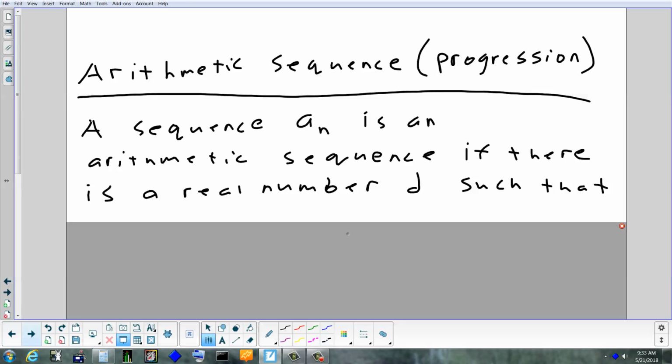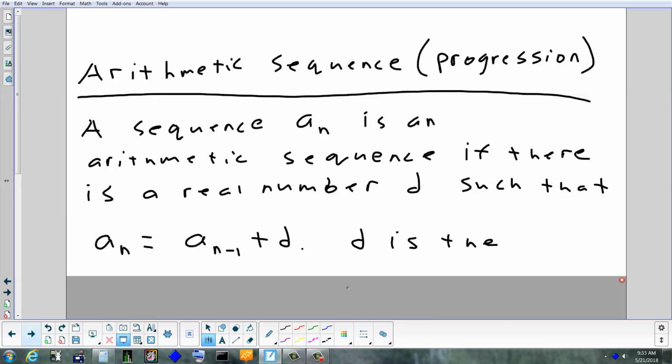So it says here, a sequence is arithmetic if there is some number d such that this ends up happening. To get the nth term, you take the one before it and add d.